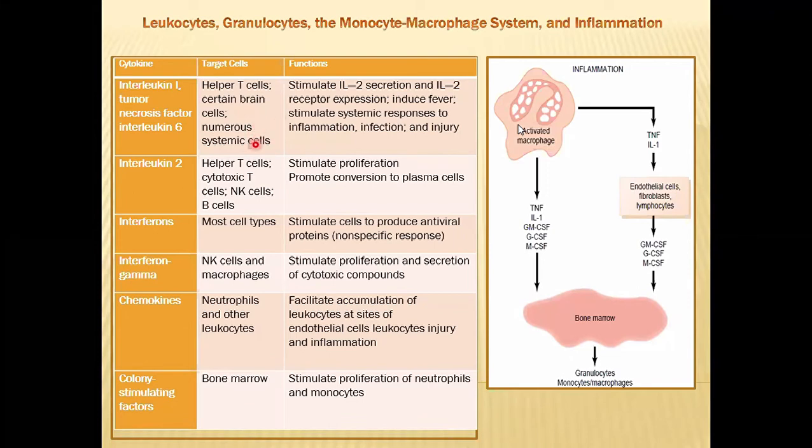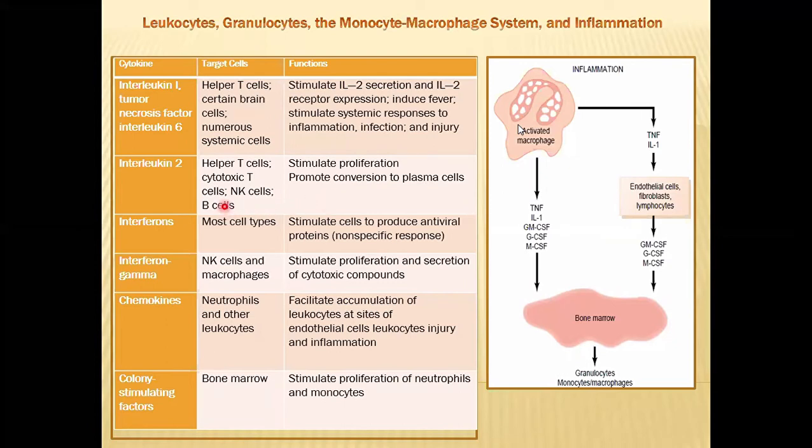For interleukin-2, the target cells are the helper T cells, the cytotoxic cells, natural killer cells, and B cells. The function is to stimulate proliferation and promote conversion to plasma cells.